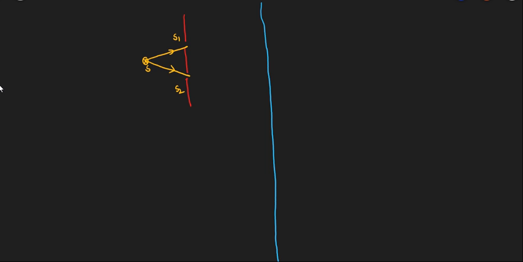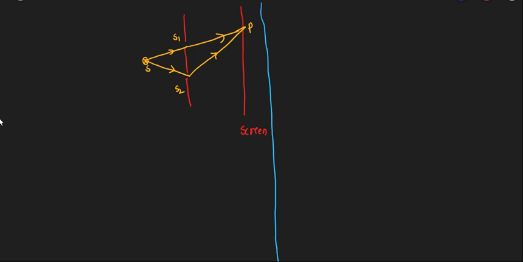This is a screen. One light ray is allowed to be incident here. It travels distance S1P to reach that point. Another light ray travels distance S2P to reach the point P.